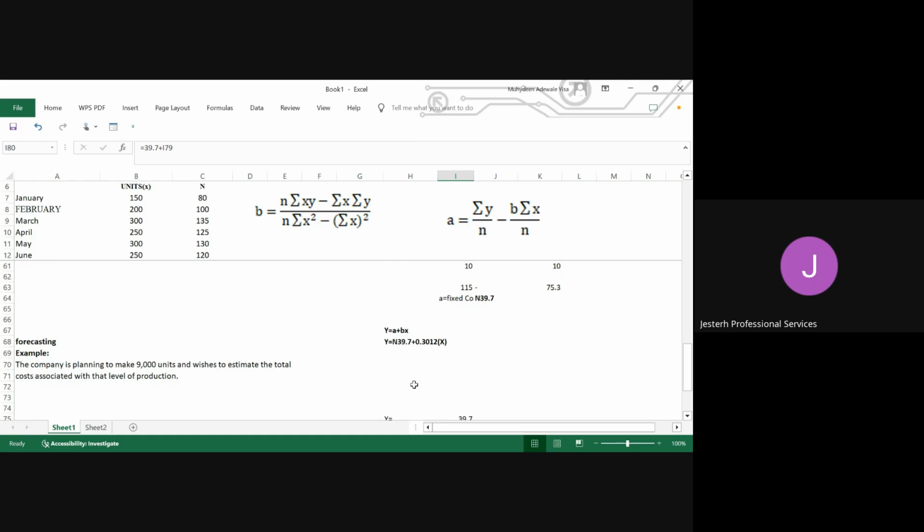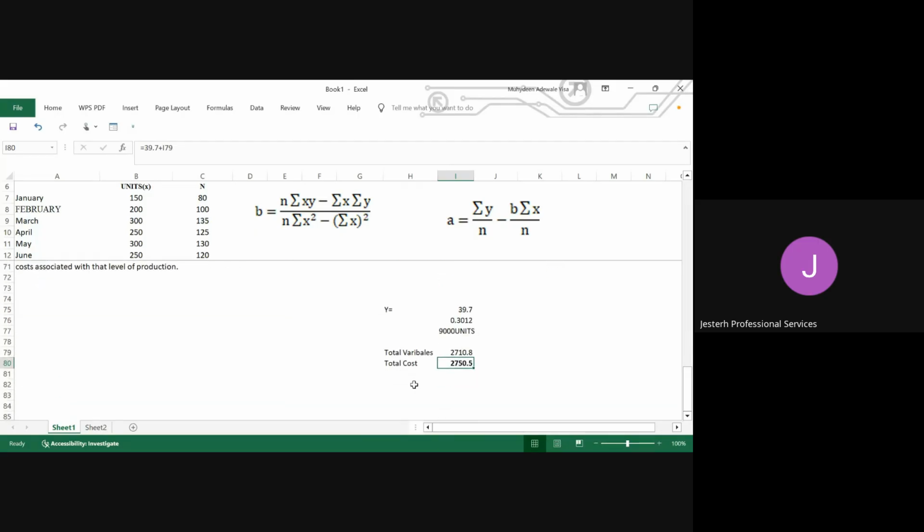The main formula before the high-low method and the linear regression come in is what we know as the cost function. You cannot just determine the total cost without breaking down the fixed cost and the variable costs.